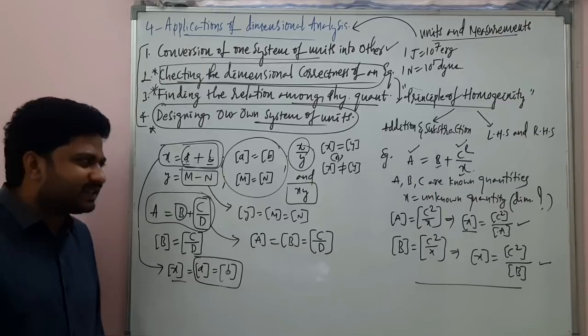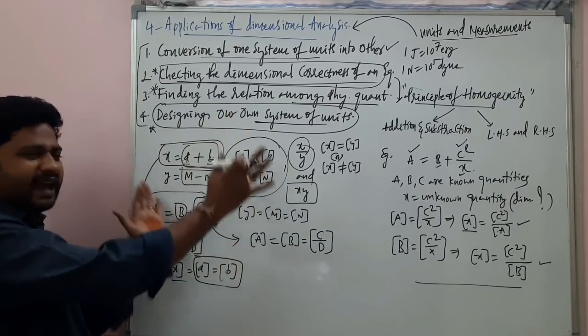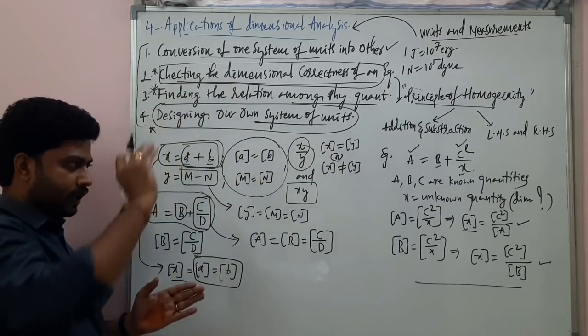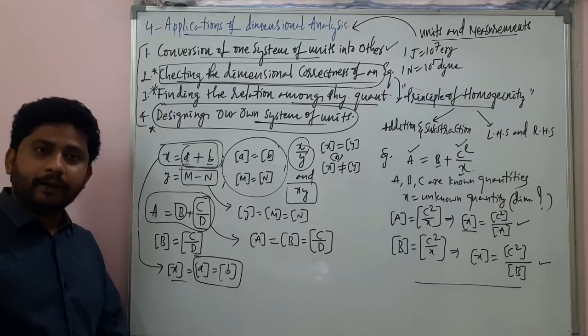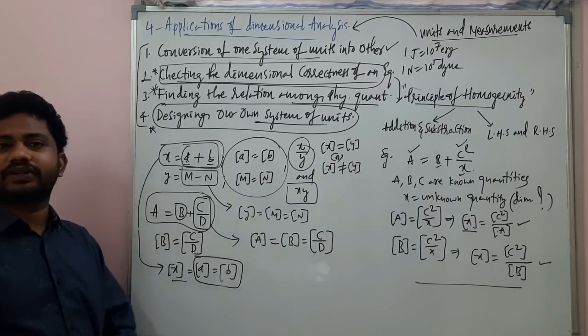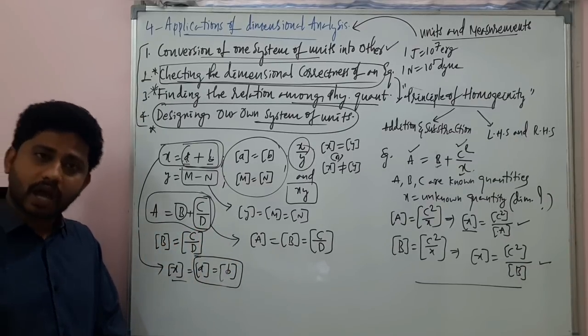Clear? Just pause the video, listen or have a look at all the equations and the example applications, whatever I have written now. Then you will be 100% ready for the numericals we are going to solve now.